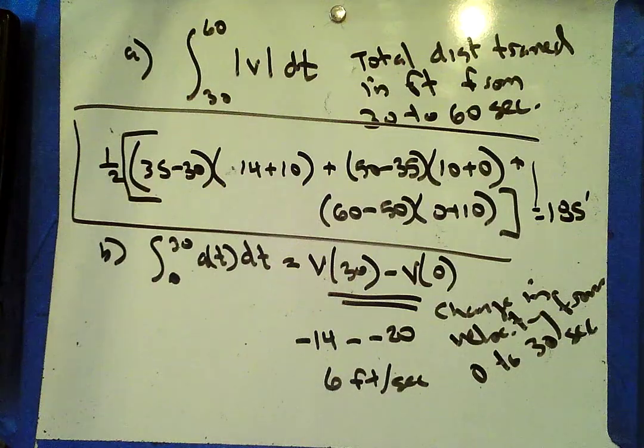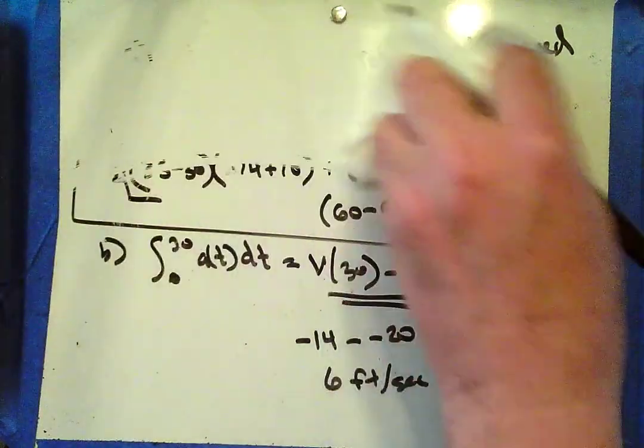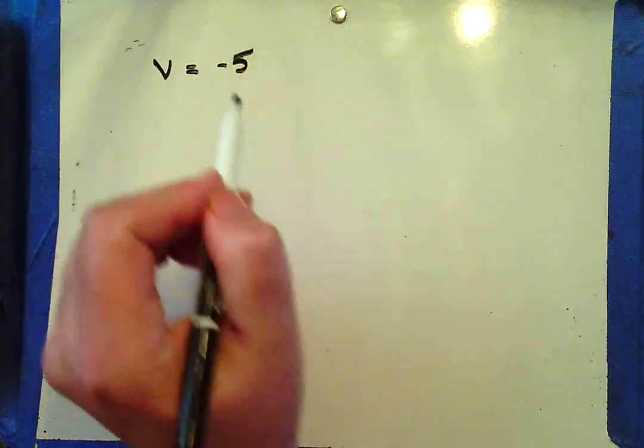Okay. So let's take a look at what they want in part C. Part C says on 0 to 60, there must be a time when v equals negative 5.